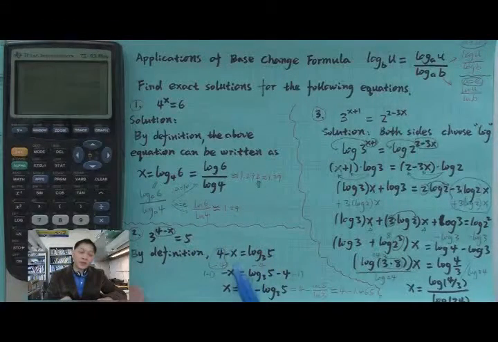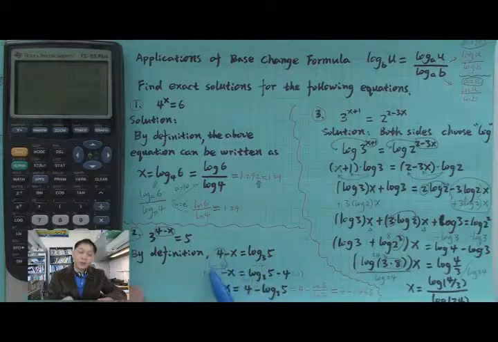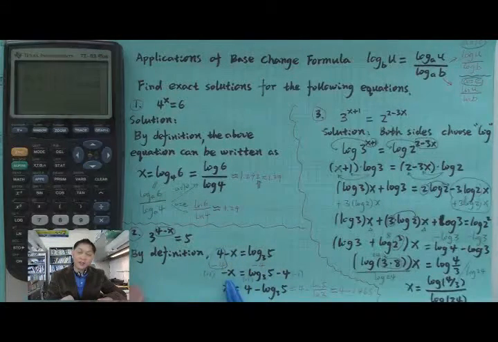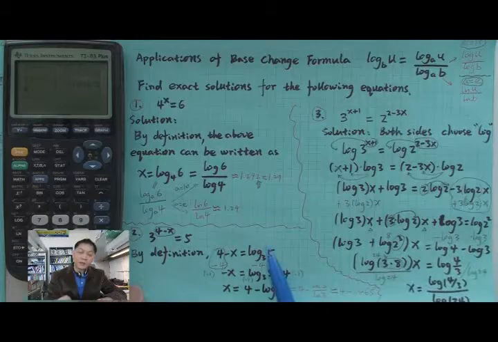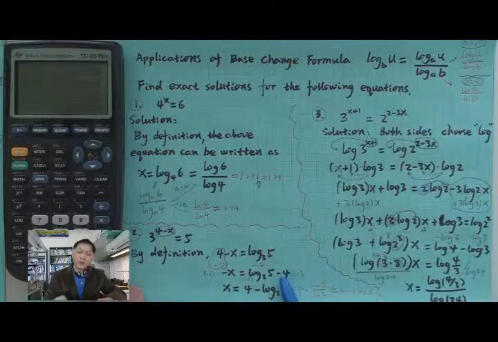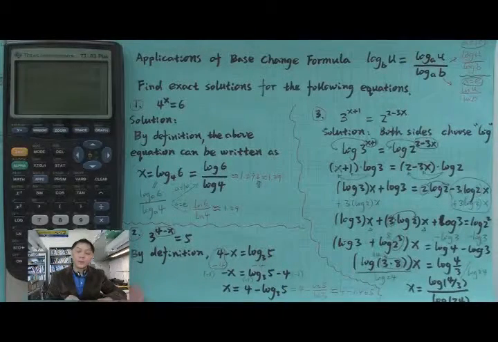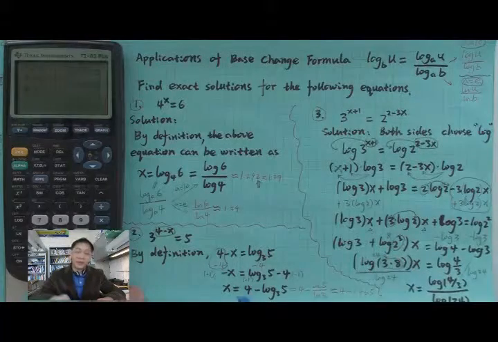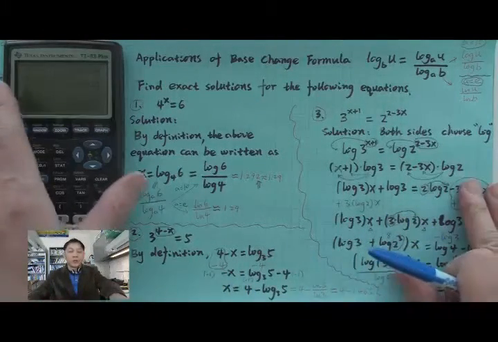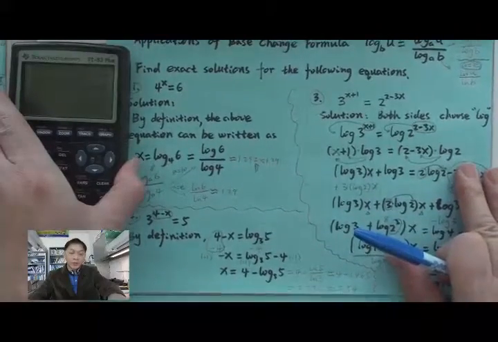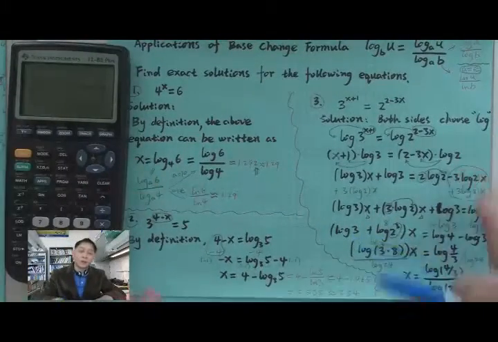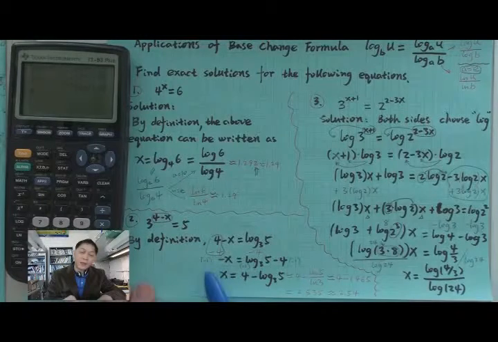Now you want to isolate x. So minus 4 on both sides, you cancel positive and negative 4. Left hand side you have a negative x left. Right hand side is log base 3 to the 5 minus 4. Now here's negative x, so both sides need to be multiplied by negative 1, because negative times negative you are positive.